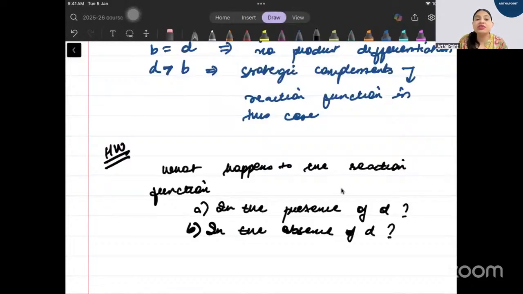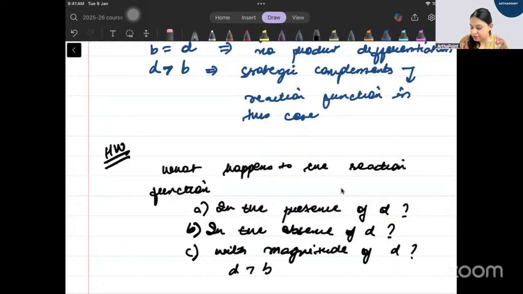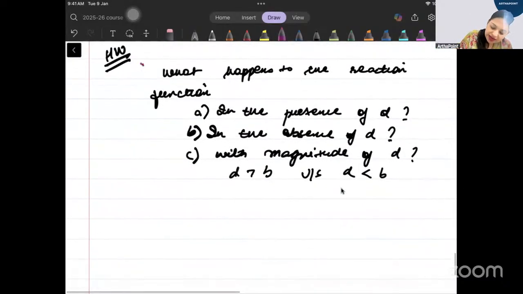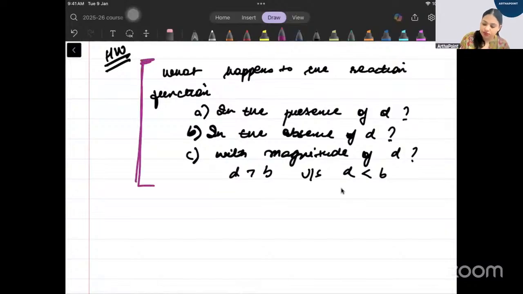Presence of D means differentiated product. And C: with the magnitude of D. I mean, if D is greater than B versus D less than B. So it's a homework question. You go ahead and answer this and post your answers in the Telegram group.